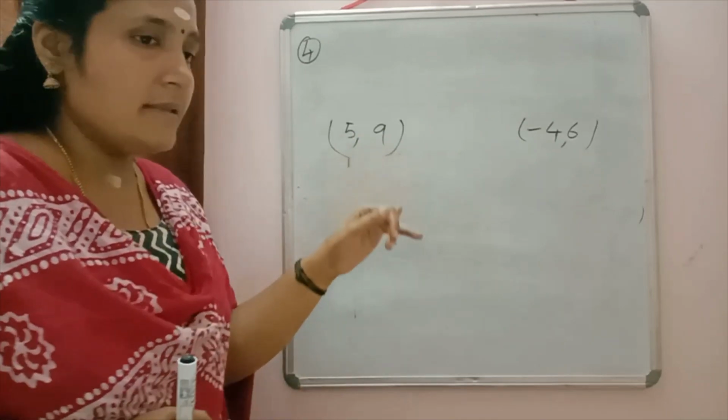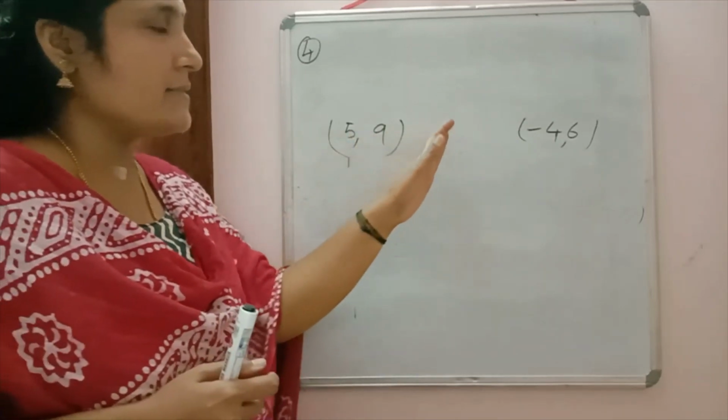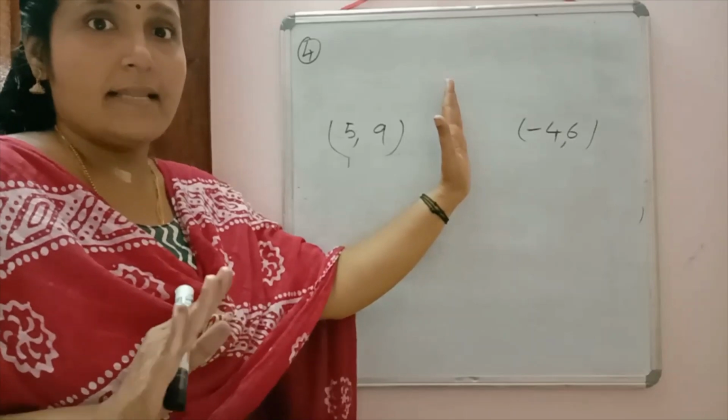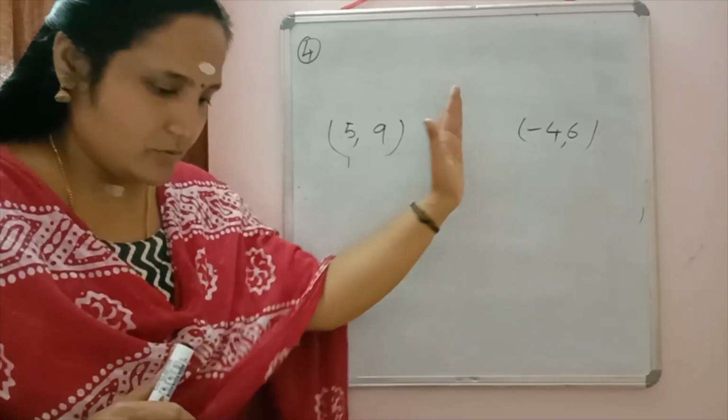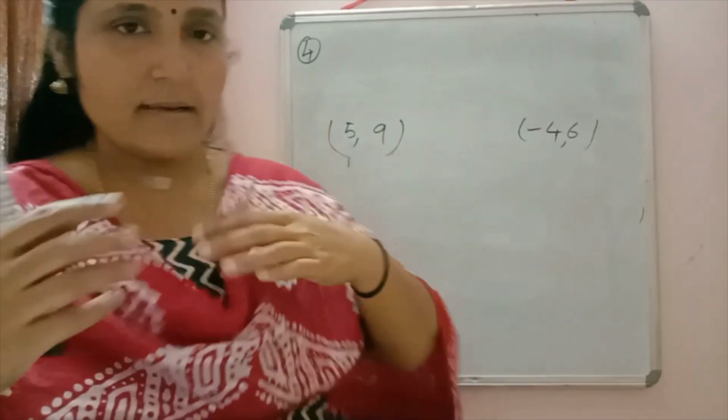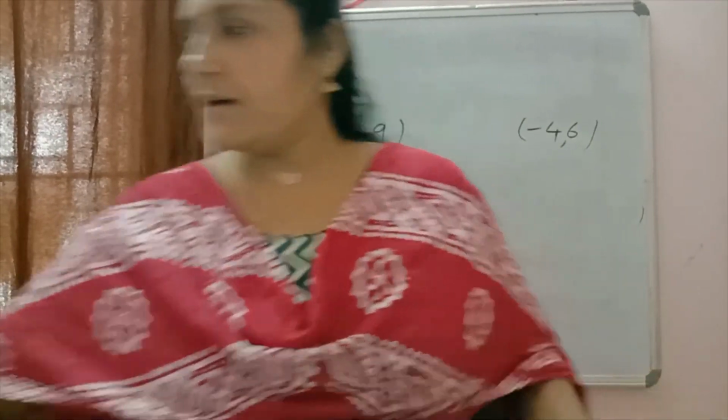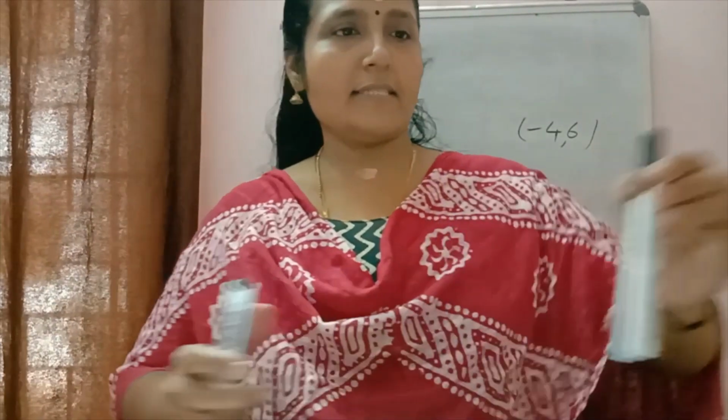It doesn't mean that if the point is on the x-axis then it will be in the middle. That concept is wrong. How can I explain to you? Suppose I am standing here and just consider these two as 2 points. One point here and one point here. My face you can consider as the third point.